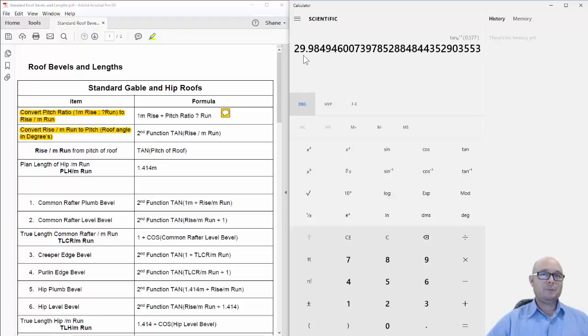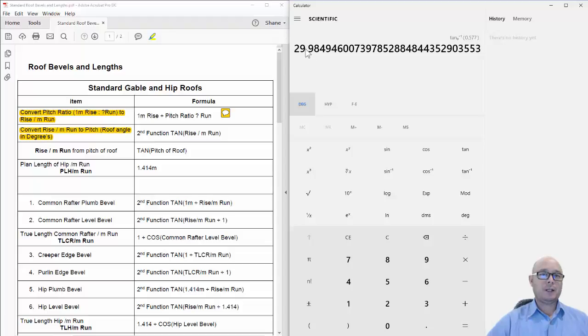Now, as I said before, anything that determines a length, like this calculation here, you need 3 decimal points. But here, we're actually determining the pitch or the roof angle in degrees. So we only want 1 decimal point, which would be 29.9, but the 8 here would round up the 9 to a 0, and then the 29 would become 30.